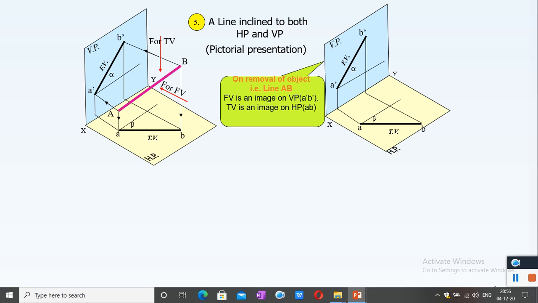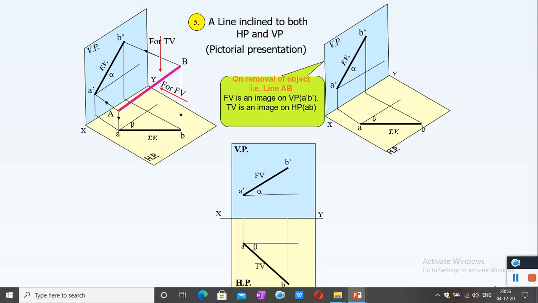Front view is an image on VP, that is A dash B dash, and top view is an image on HP, that is AB. We have removed the line AB. These are the projections, or it is drawn like this. And if you want to find the true length of the line, another method is used.